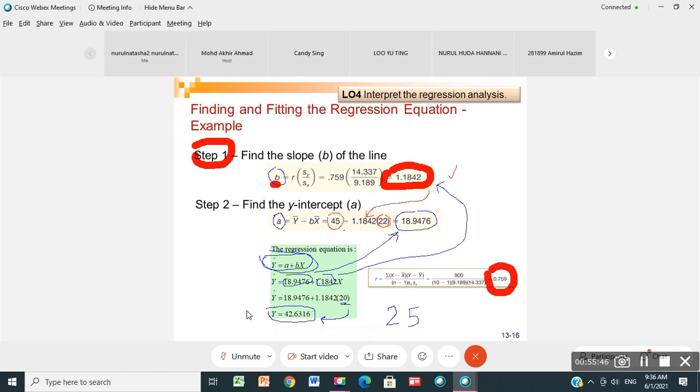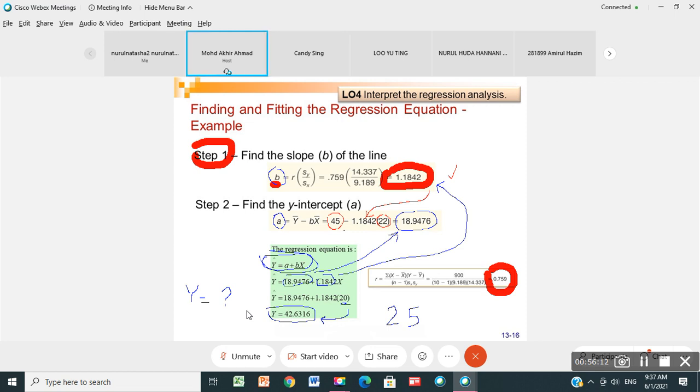So what is the y value? You calculate, Candy. What is the y value? 25 calls. 48.55.